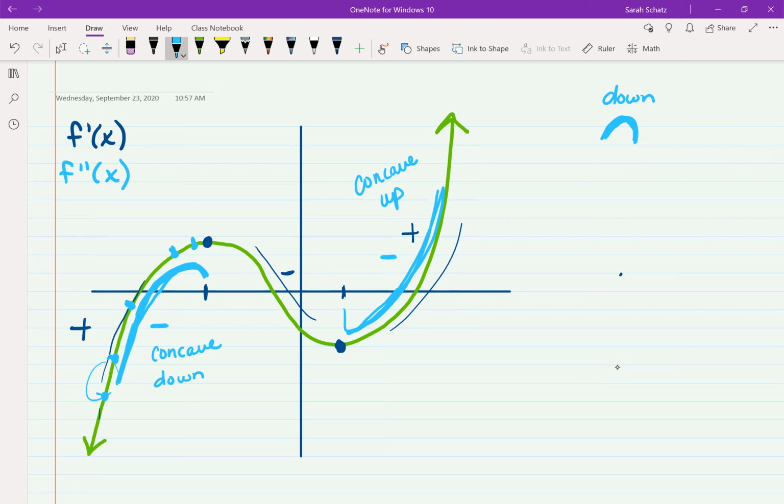Think about an actual bowl that's right side up. This is concave up. Oh, positive, guys. The second derivative, if we evaluated it in this area, would be positive. Let's talk about what concave up means. So let's pick some points.